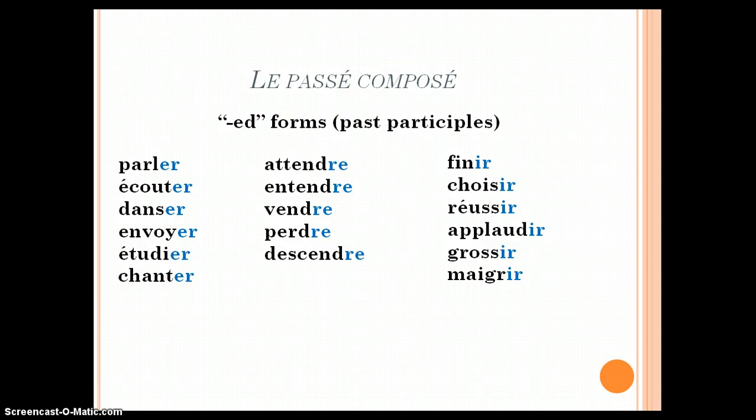So whenever you have an er verb, you change the er to a é. And so you go from parler, écouter, danser, envoyer, étudier, chanter to parlé, écouté, dansé, envoyé, étudié, chanté. They sound the same in both instances.